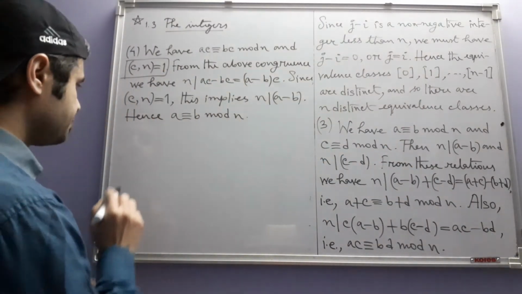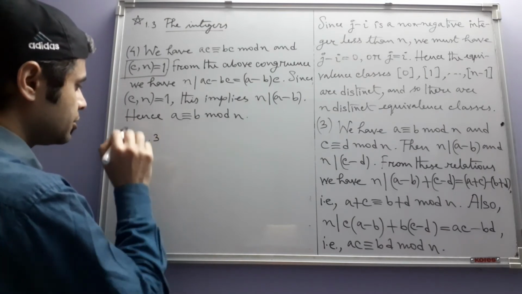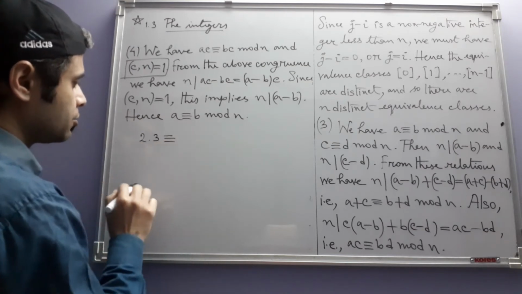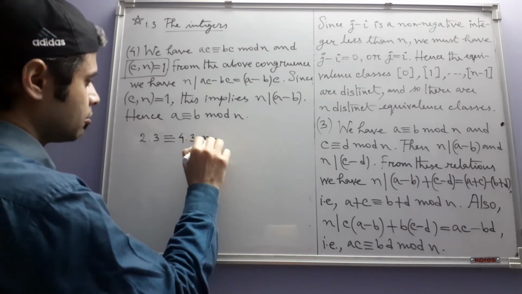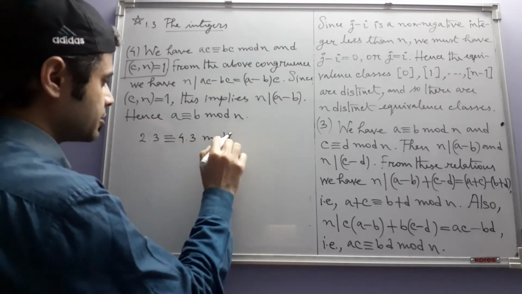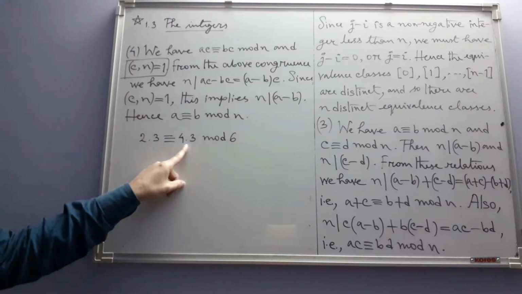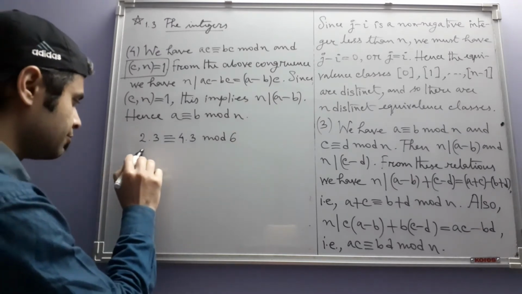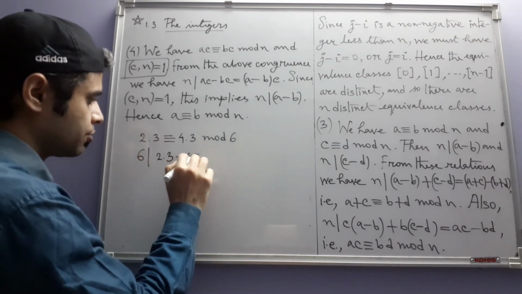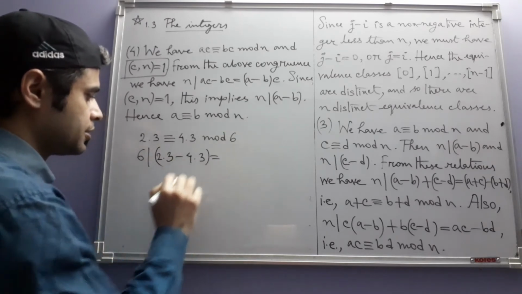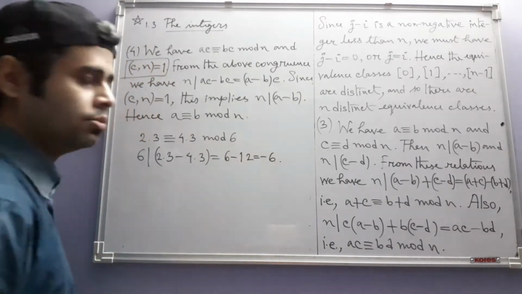For example, you can look at this: 2 times 3 is congruent to 4 times 3 mod 6. Why? Because this is 6 and this is 12. So 6 divides 2 times 3 minus 4 times 3, and this is nothing but 6 minus 12, which is minus 6. This is true.